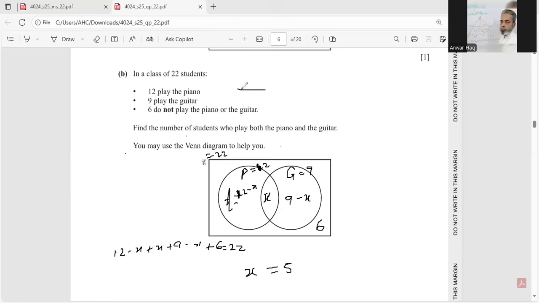Now for the next question. This is question 10.